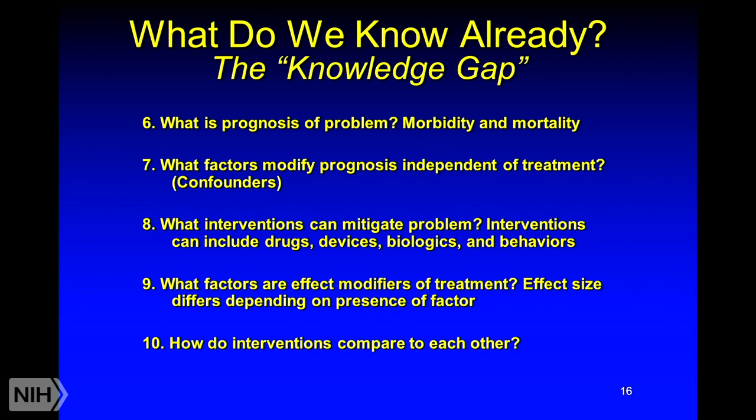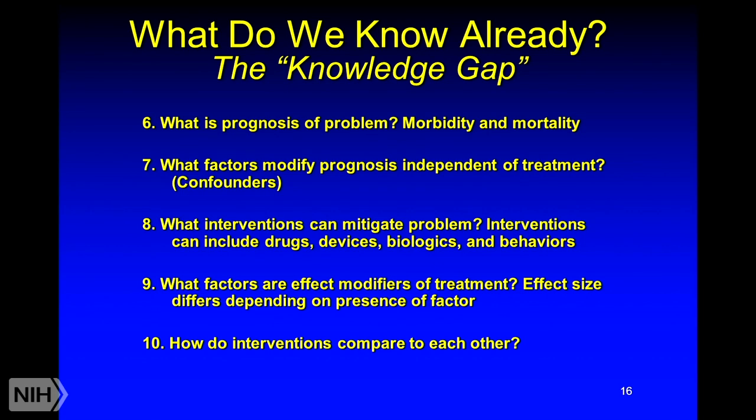In other words, those things may impact outcome independent of the treatment that you're actually trying to evaluate. What interventions can actually mitigate the problem? And this is much of the research that gets done, usually, but not always, in randomized controlled trials, evaluating interventions like drugs, devices, biologics, and also even different behaviors like hand washing. Does hand washing decrease infection rates in the hospital?